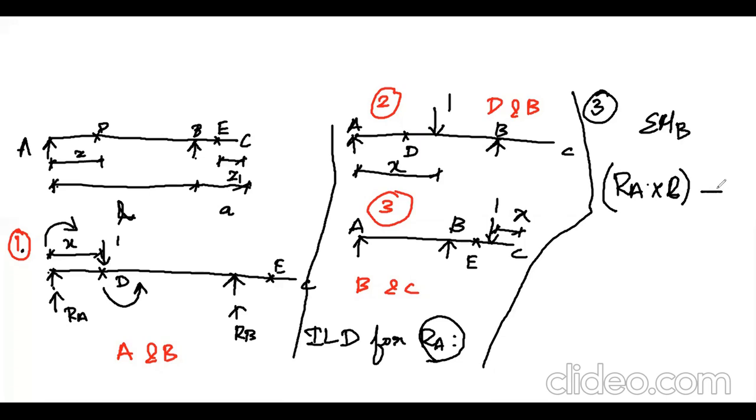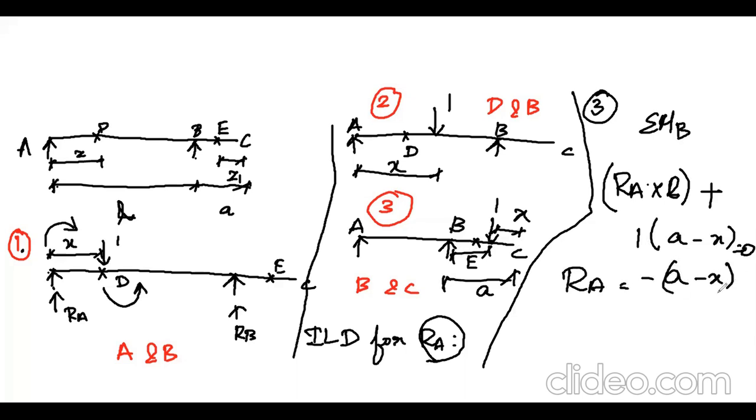Then we are taking that unit load in this direction. So 1 into its corresponding distance. Here we are going to consider only the distance between the point B and the point of application of the unit load. So it will become A minus X equal to 0. So the value of RA here will be minus A minus X divided by L.